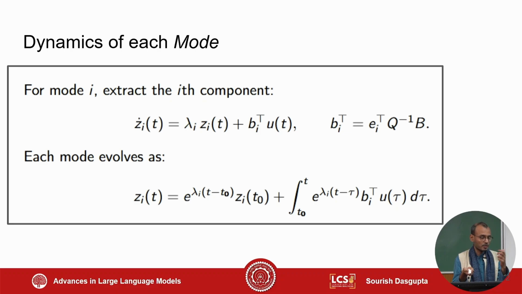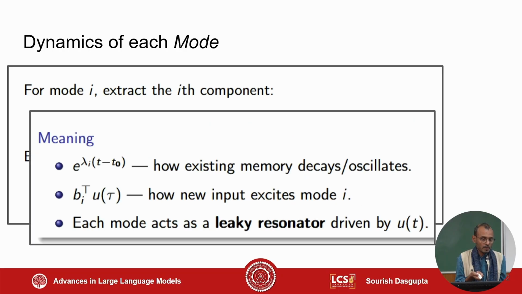And you can set T0 at whatever time point you want, and this T minus T0 is the delta. So e raised to lambda I (T minus T0) is basically that drift during that time interval: how existing memory decays or oscillates. And B I transpose U of tau would be how new input excites mode I.